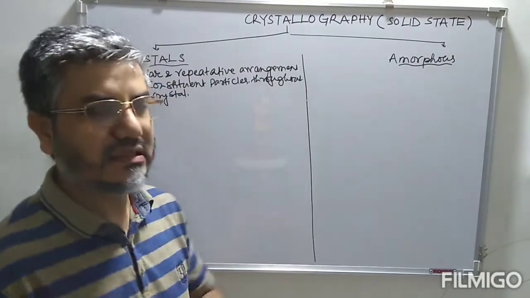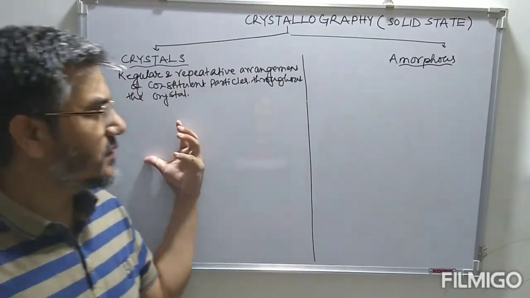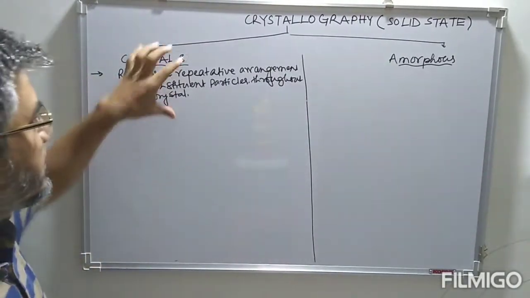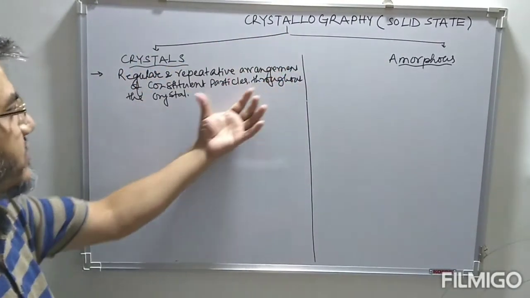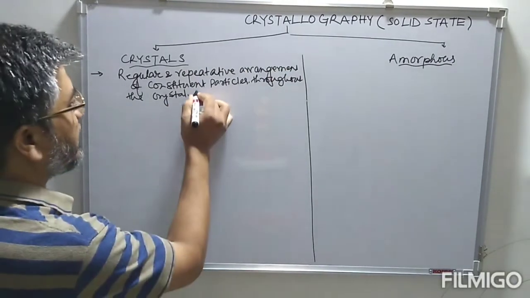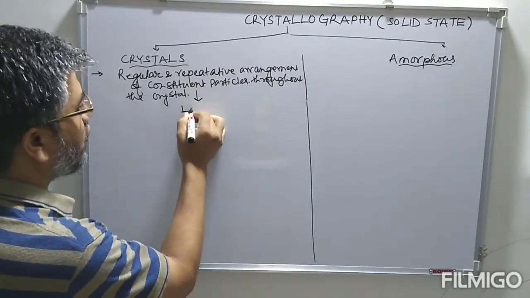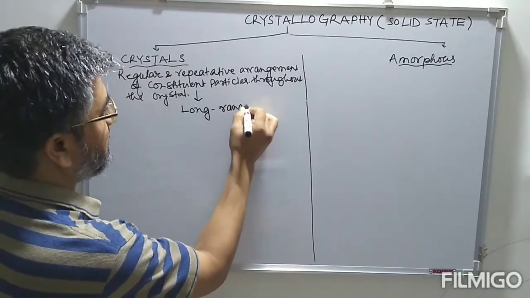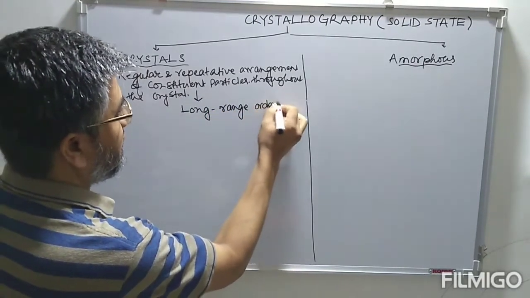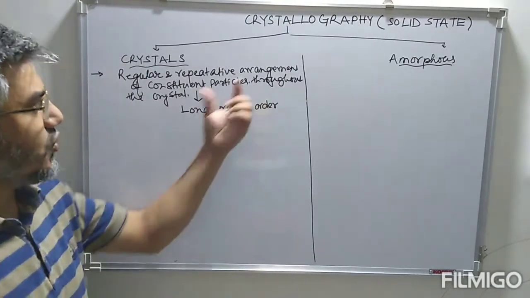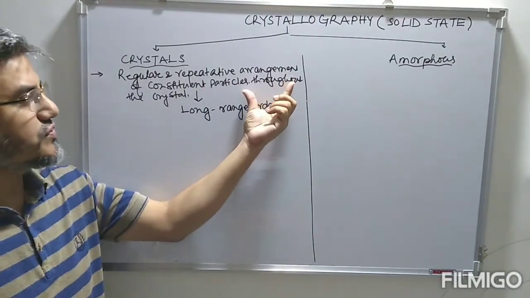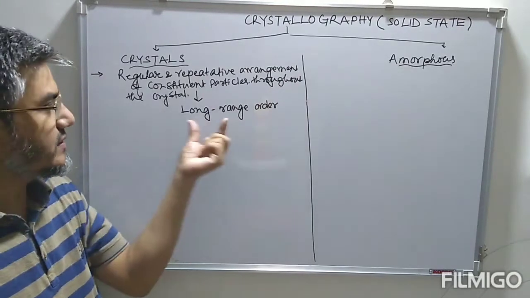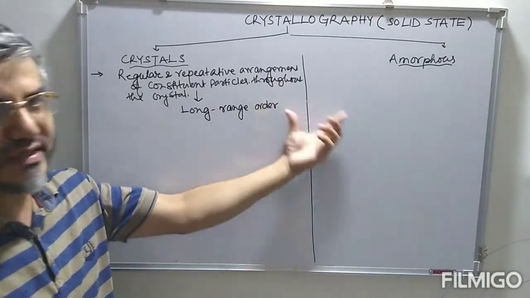So this arrangement is throughout the crystal. This regularity and repetitive arrangement is what we call long range order. That means this order in the arrangement of the constituent particles is extended throughout the crystal. So the arrangement is long range order.